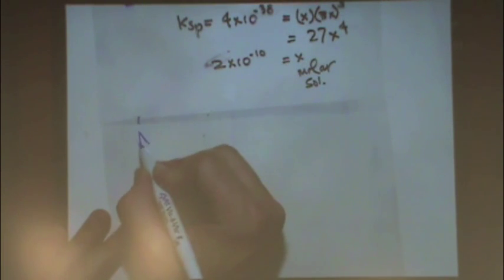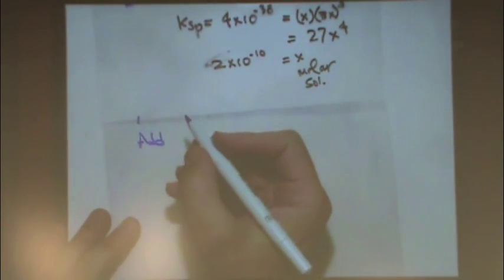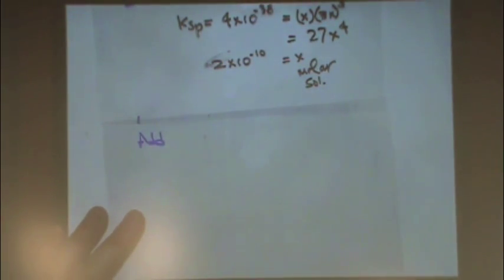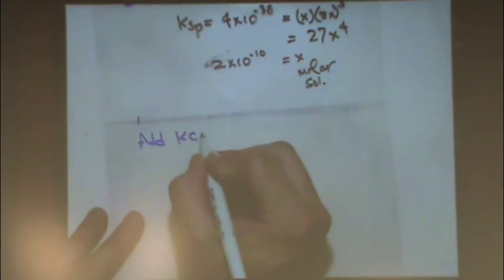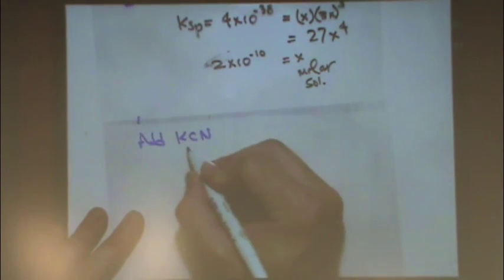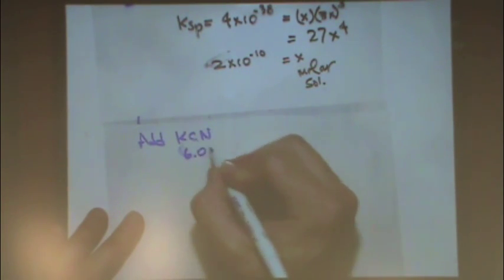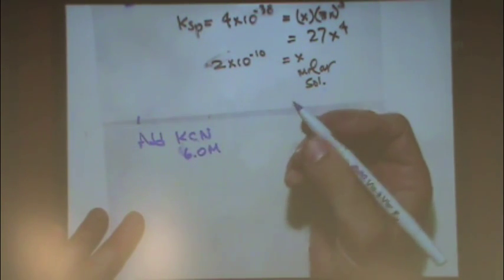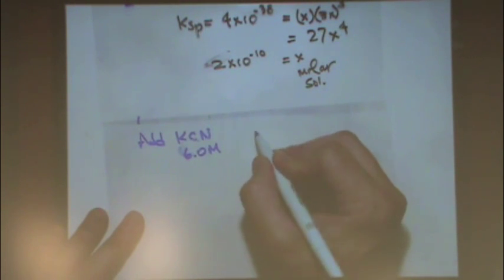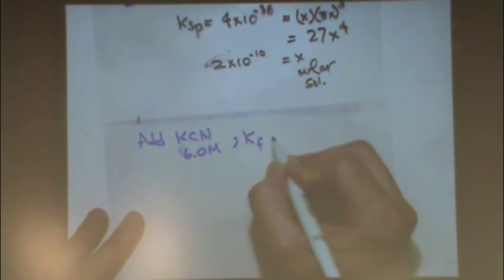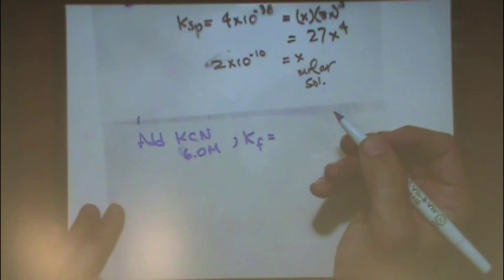Now, I'm going to add to this solution KCN, and I'm going to have it be 6 molar. Okay? And I'm going to give you, you think randomly, a Kf value.